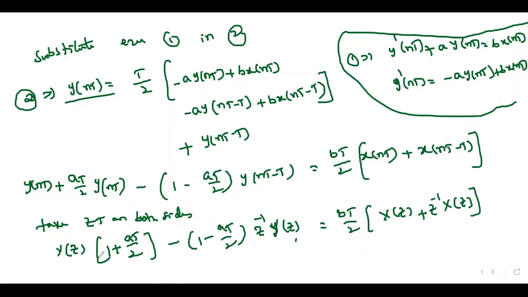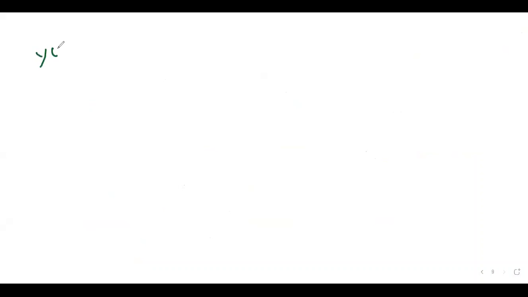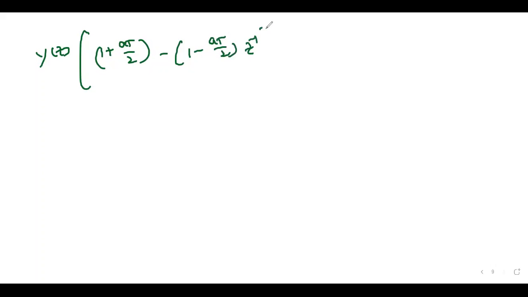See, now I will take common Y of z because I want Y of z by X of z. So I will take common Y of z from the left side. Then it will be 1 plus aT by 2, sorry, it's not plus, minus, minus 1 minus aT by 2 into z inverse is equal to this side.